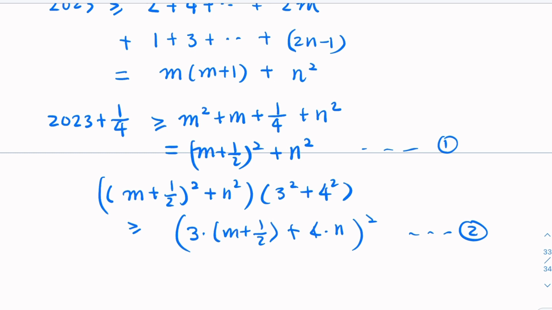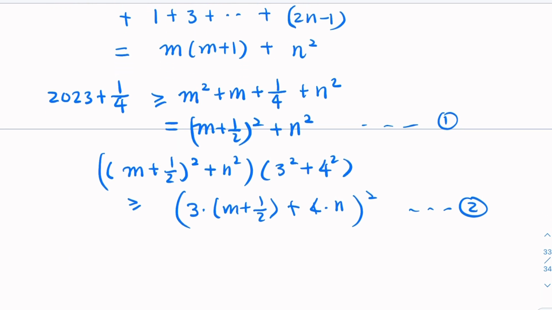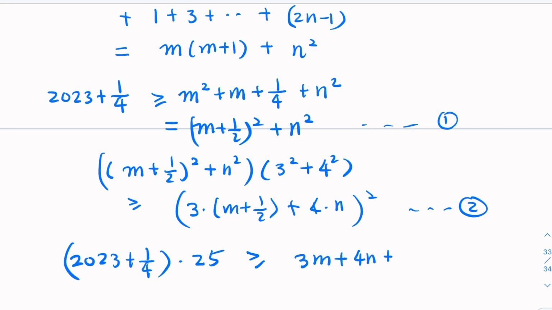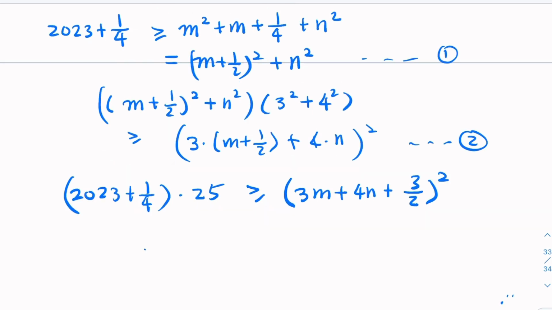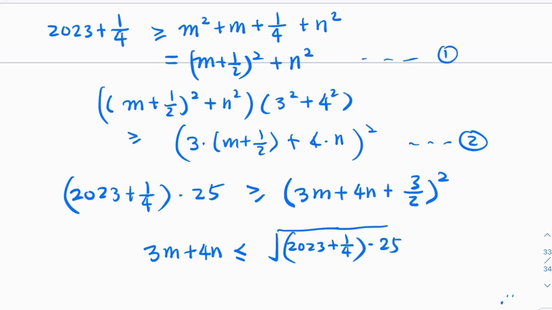When we combine that, what we have is 2023 plus 1/4 times 25, since 3 squared plus 4 squared is 25, greater or equal to 3m plus 4n plus 3/2, squared. So 3m plus 4n is less or equal to the square root of 2023 plus 1/4 times 25, and then minus 3/2.